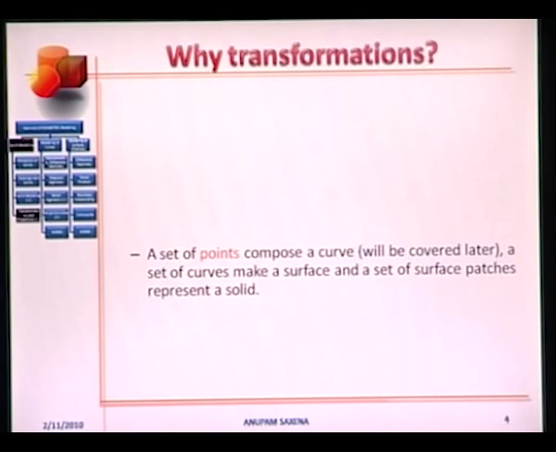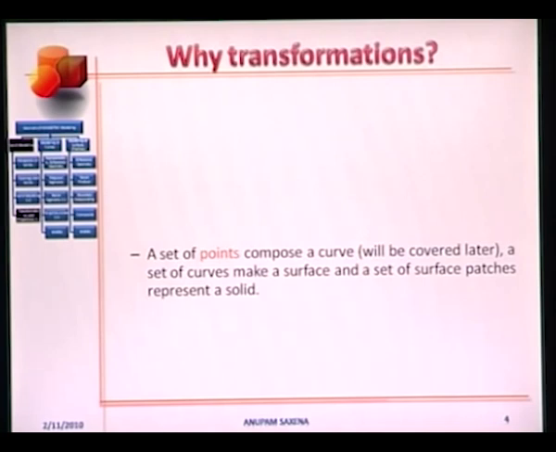A set of points compose a curve. We are going to be discussing curves later in the course. A set of curves make a surface, and a set of surface patches represent a solid. We have learned this before. This is the extended Jordan curve theorem. In a sense, what we are doing is to be able to change the shape of a solid locally, or the shape of a surface patch locally, or a curve locally.